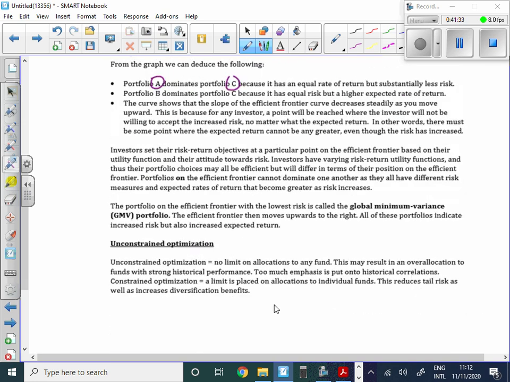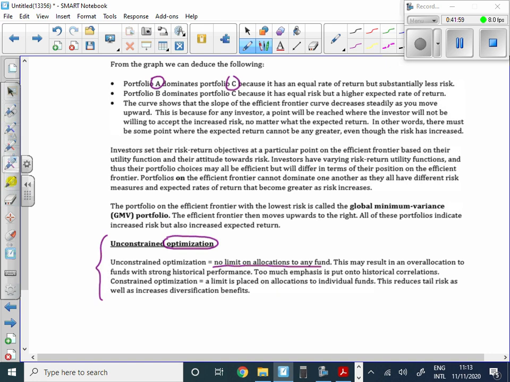I'm not going to spend too much more time over there. Just 2 points that they like to ask, interestingly enough: constrained versus unconstrained optimization. Unconstrained means there's no constraints. Remember, optimization just means I'm looking for the best possible allocations that I can get. If I'm unconstrained, there's no limit on allocations to any fund.